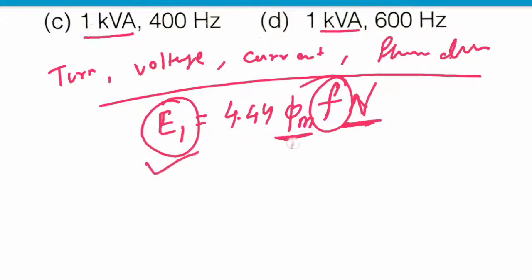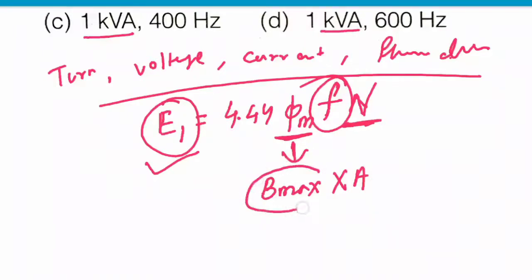This flux is defined as B max, the flux density, into area. So as flux is fixed, B max is also fixed, and the rest is A.